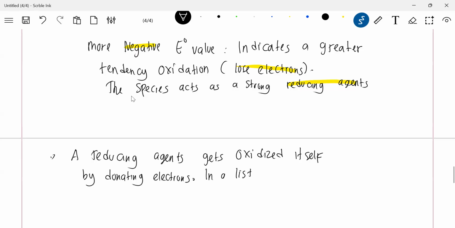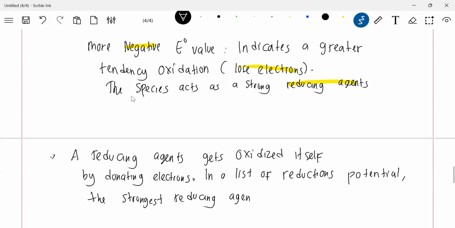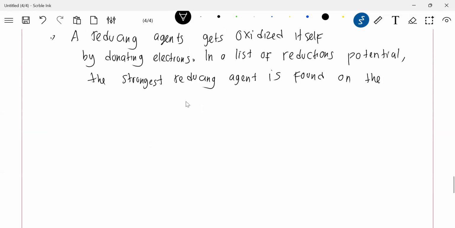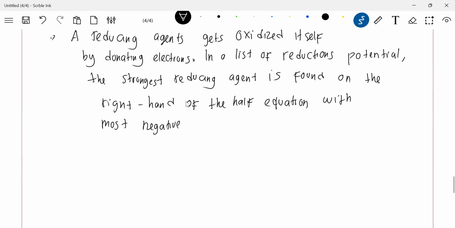In a list of reduction potentials, the strongest reducing agent is found on the right hand side of the half equation with the most negative standard electrode potential.